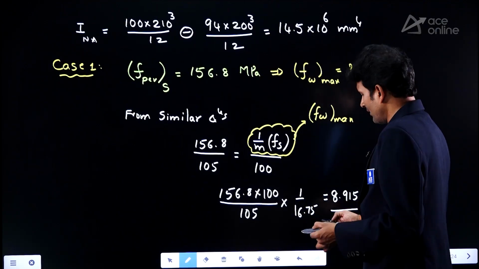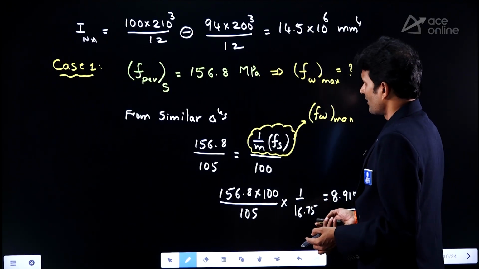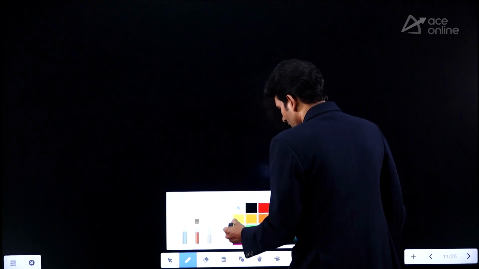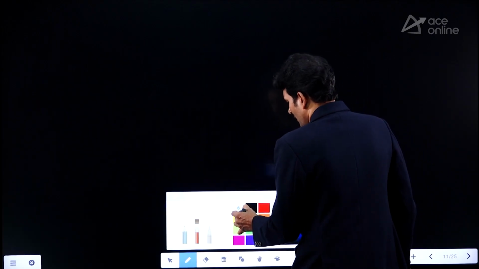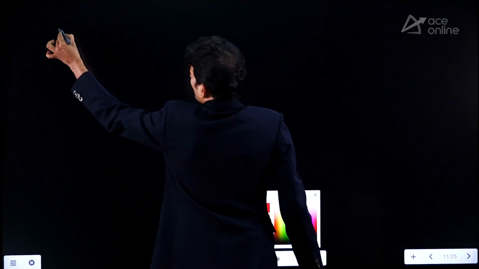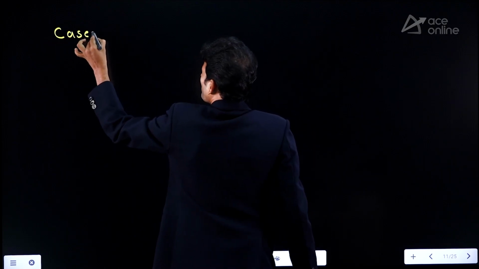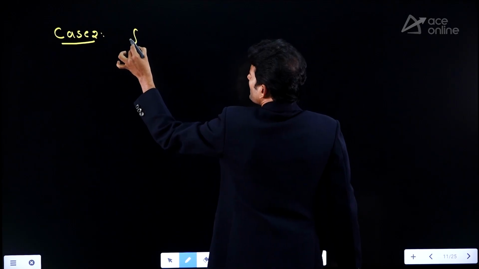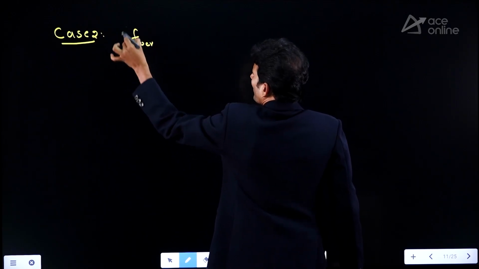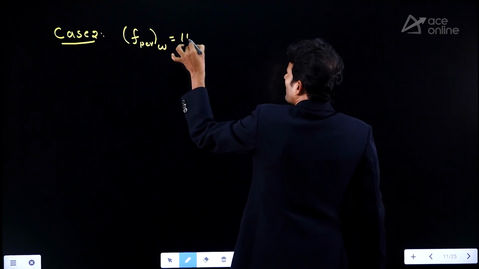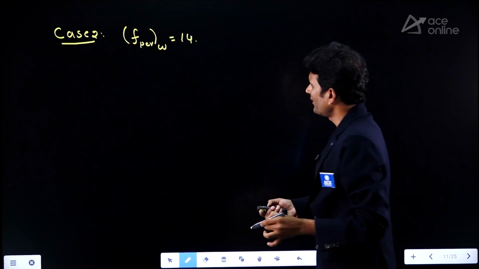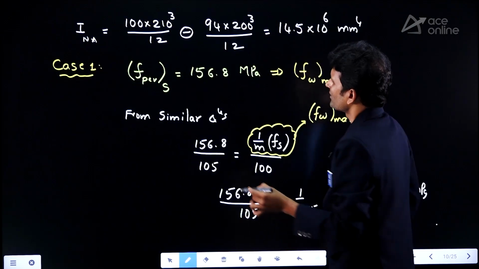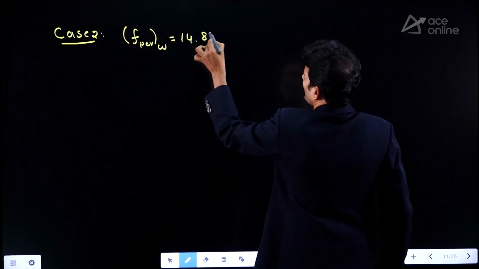But suppose I take the next case, second case, I will analyze this with respect to the permissible stress in the wooden part. Let me take that as case 2, some lengthy question, but long back it is given. Suppose the permissible stress in the wooden part is already given as 14.89, then what is the corresponding maximum stress developed in the steel?